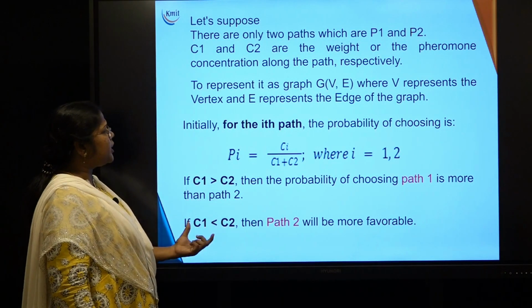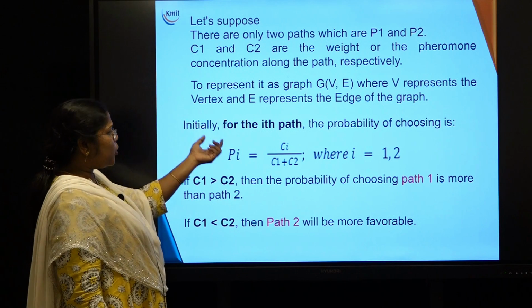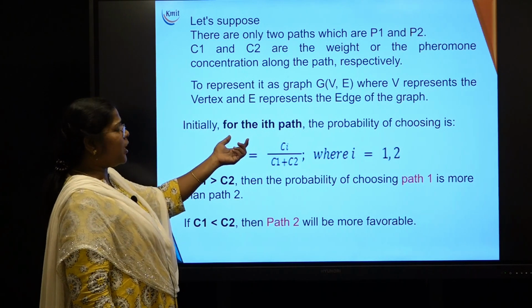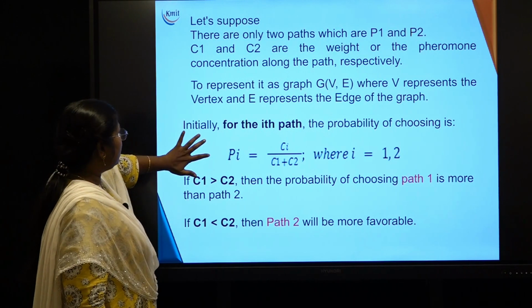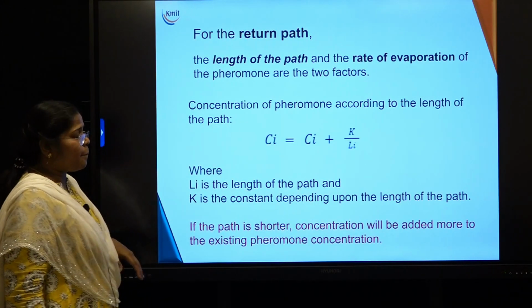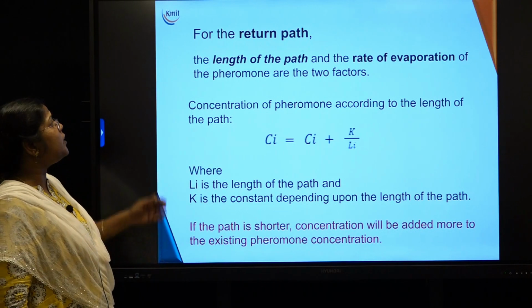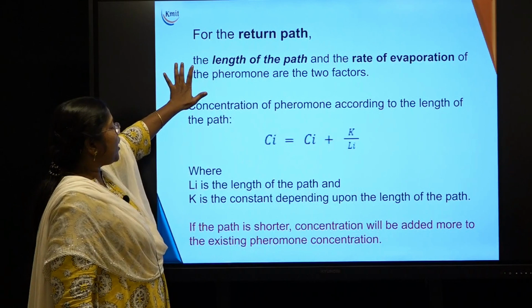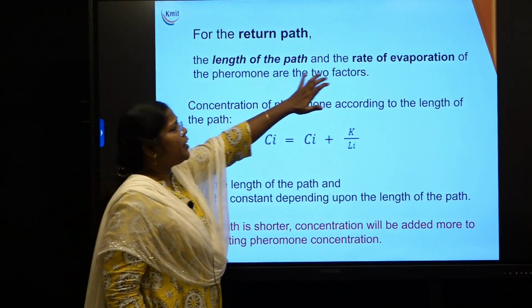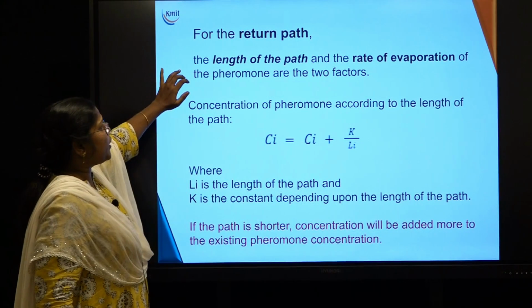So these two conditions are very important. To choose a particular path first, we always calculate the probability. After calculating the probability of choosing the path, second is the return path. We need to find the length of the path and the rate of evaporation of the pheromone.